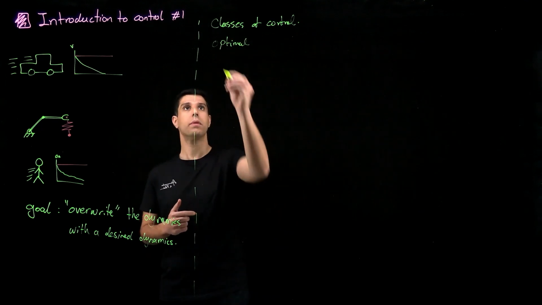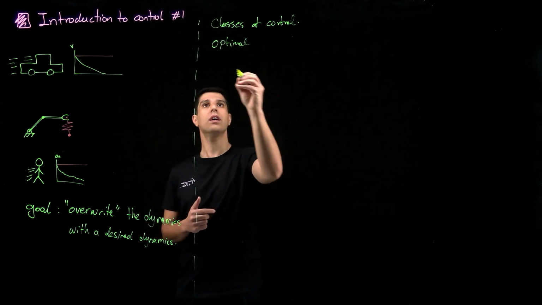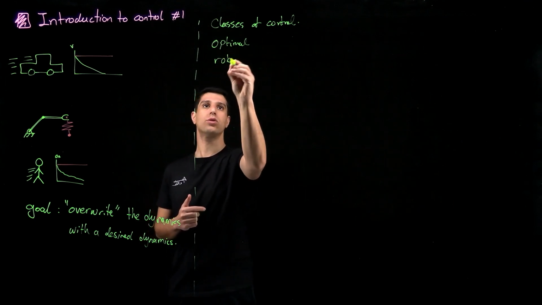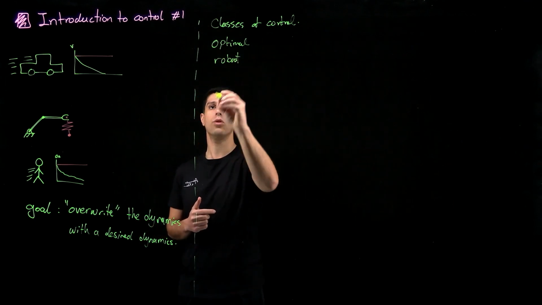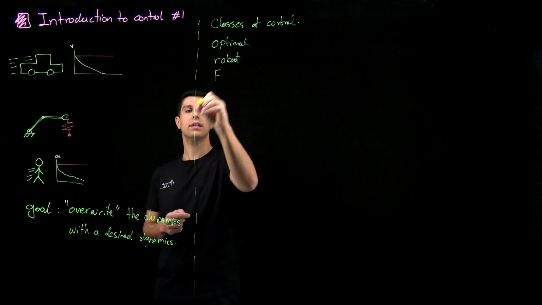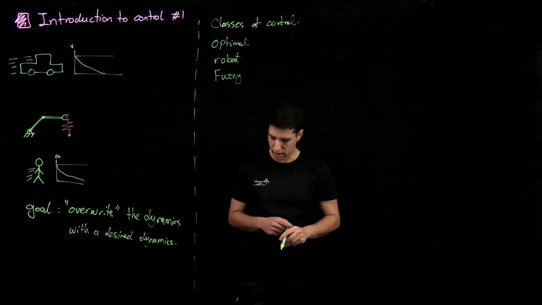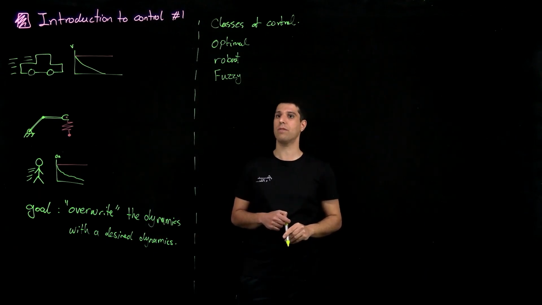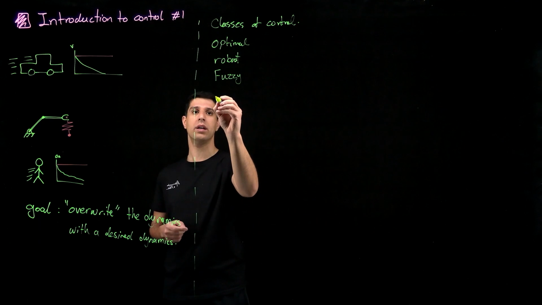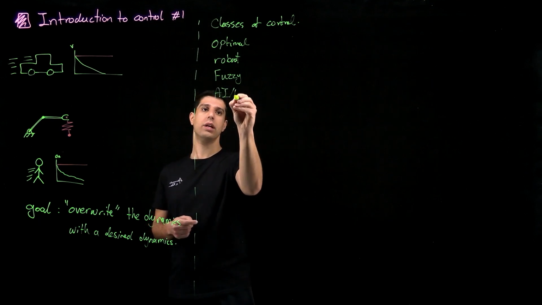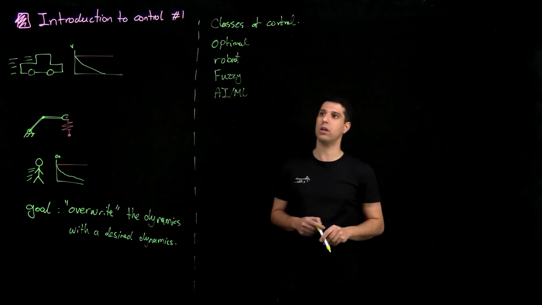There is robust control. There is a slightly older one, fuzzy control, and more modern AI and machine learning based controllers.